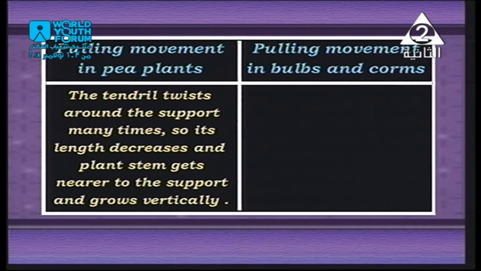After that, the tendril twists around the support many times for support and to be stronger. So its length decreases and the plant stem gets close and near to the support and grows vertically.